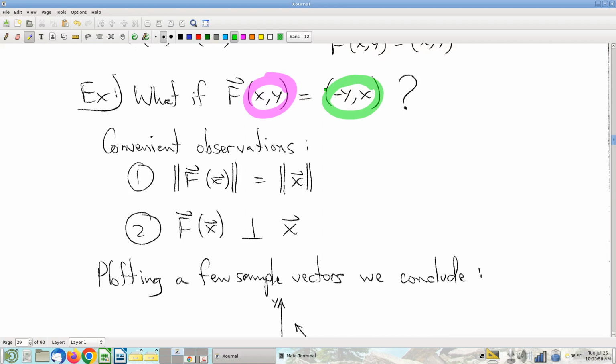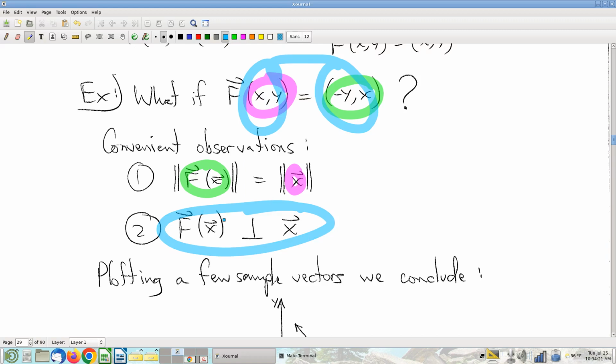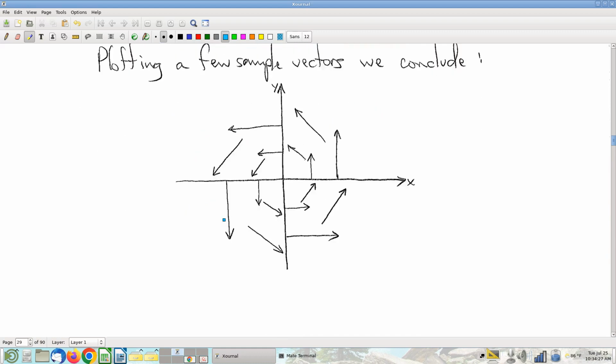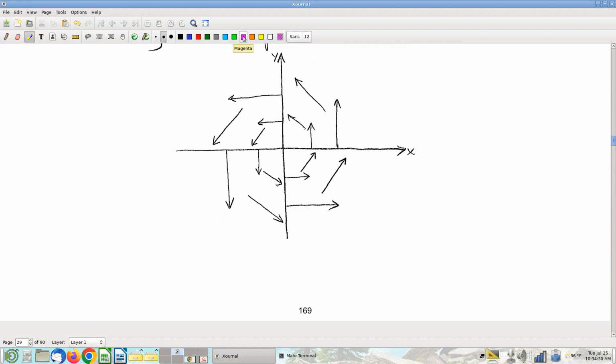A pretty easy observation to make is that the field vector and the position vector, you can see right there in the formulas, certainly have the same magnitude, square root of x squared plus y squared in both cases. You can also see that this dot product is 0, meaning that these vectors are orthogonal. So same magnitude as the position vector, but perpendicular to the position vector. And that gives you a picture that looks kind of like this. So again, for any given point, let's say a point there, keep in mind that's the position vector. The field vector has the same length, but is pointing perpendicular.